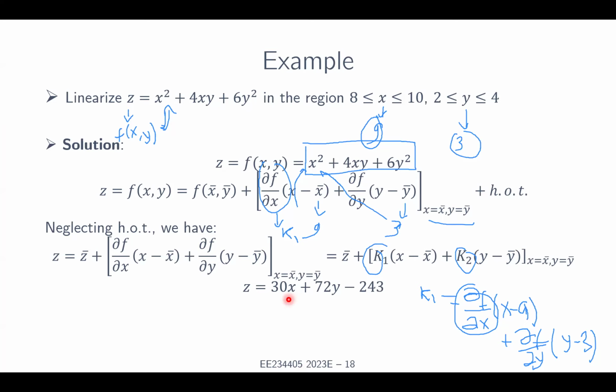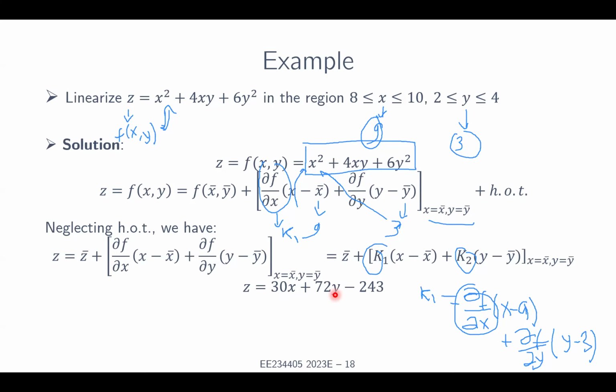The end result is we have z equals 30x plus 72y minus 243, right? So this is clearly a linear system, a straight line in the three-dimensional field.